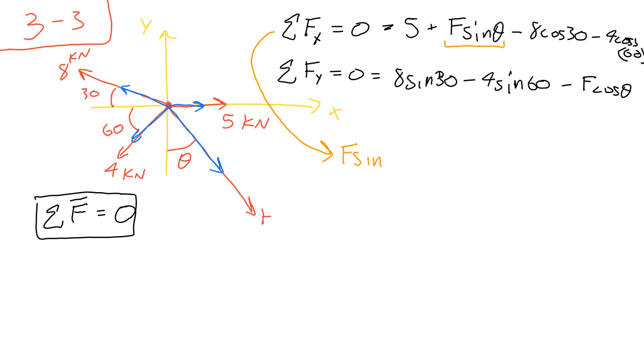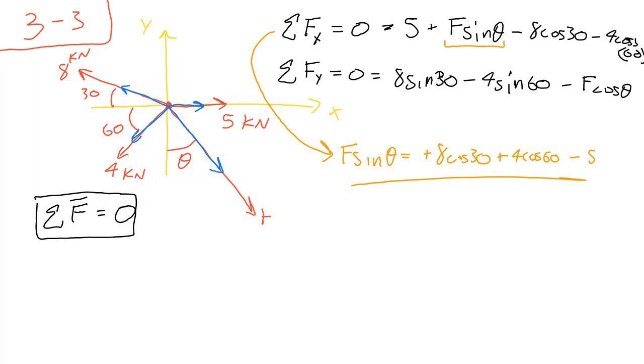So f sine theta equals, we'll add over, plus 8 minus 5. Okay, so now we've got this equation here.